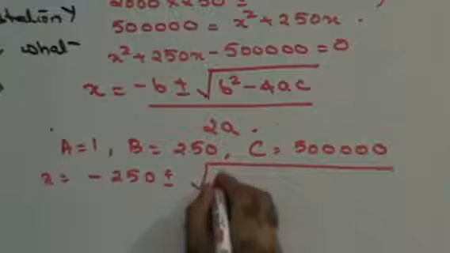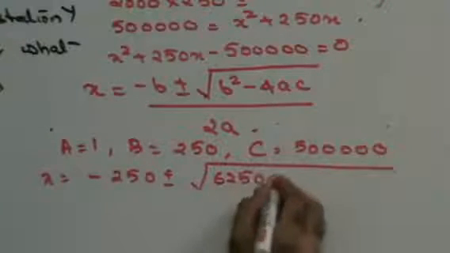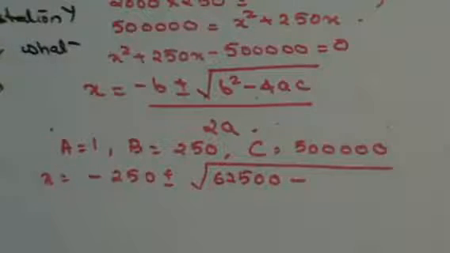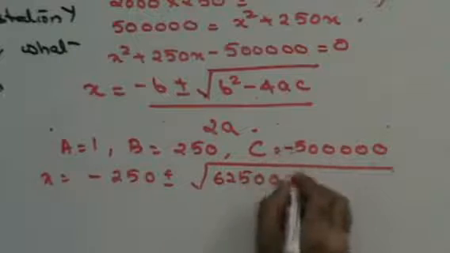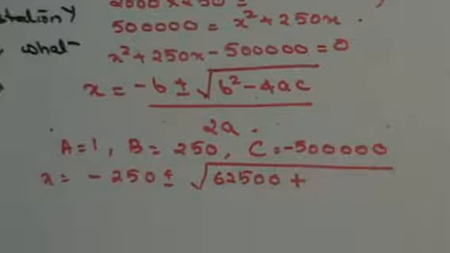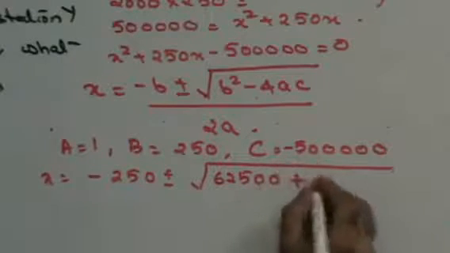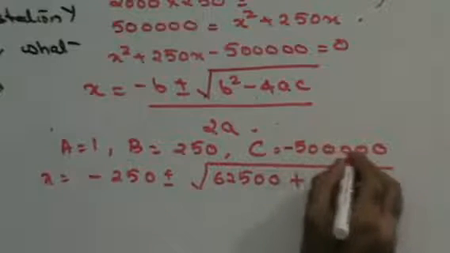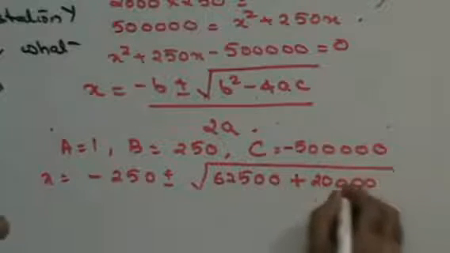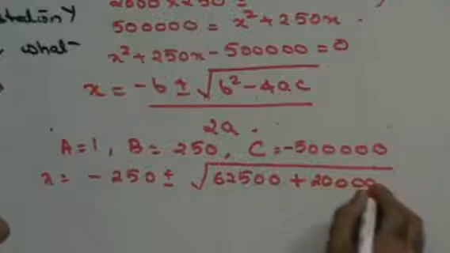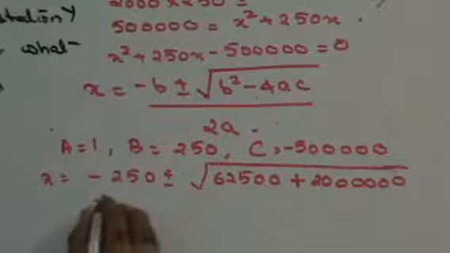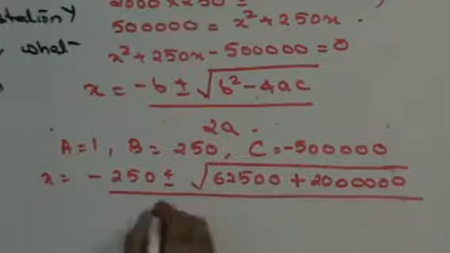So in which case you will get x is equal to minus 250 plus minus square root of b square. 250 square is 62500, minus 4ac. So plus 5 fours are 20 and another 5 zeros, upon 2a.